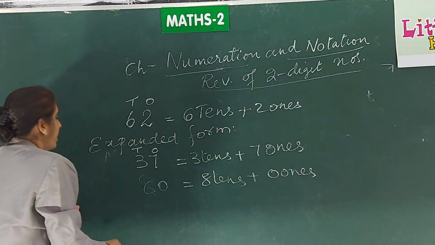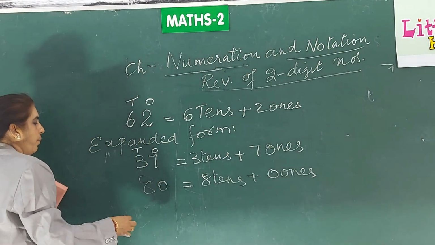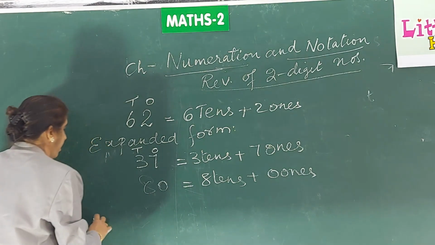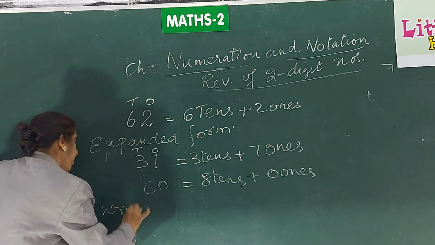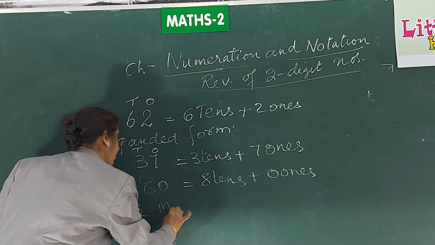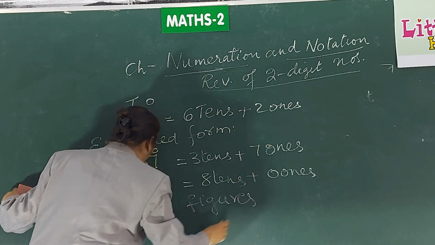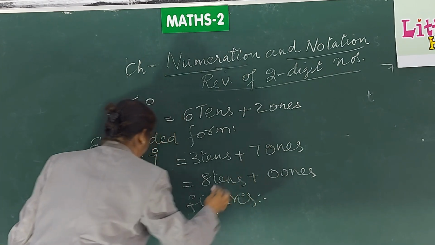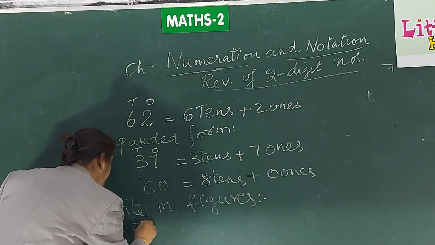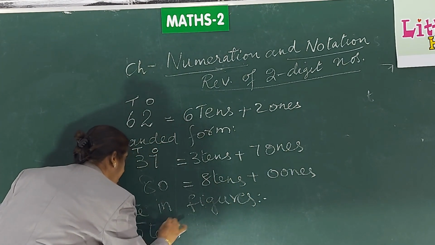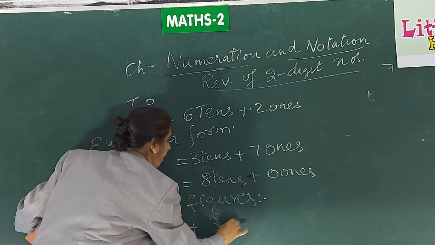And when the expanded form is given, you should be able to write the number. Write in figures. Or write the number. 5 tens plus 3 ones.